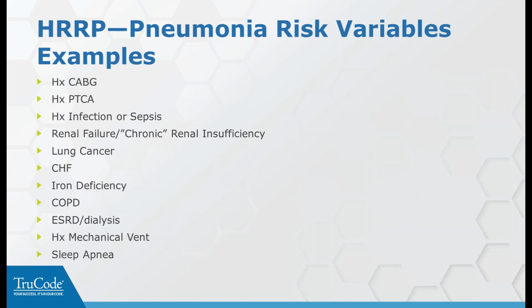If they have a history of CABG or a PTCA, a history of infection or sepsis, renal failure or chronic renal insufficiency, lung cancer, CHF, etc. And just while we're talking about pneumonia, one of the problems that we have with pneumonia is that the codes do split based on the causative organism, and often if we don't get any sense of that documented by the physician, we end up going into those lower weighted DRGs for pneumonia that don't really capture a lot of the severe, more complex pneumonias that many of the Medicare patients have in the inpatient setting.